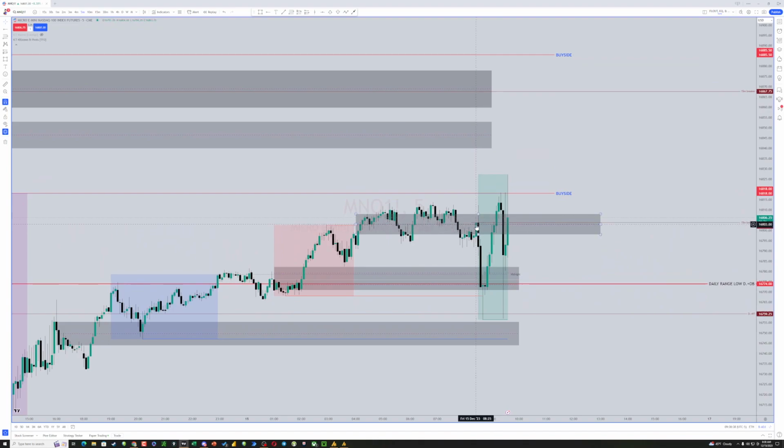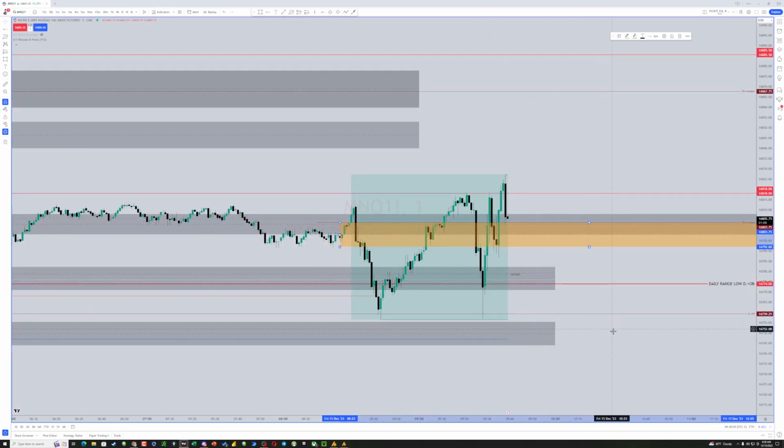I still think we're thinking this place right here. You take your breaker plus an additional array or fair value gap, whatever it ends up being, and that's your risk. So we're going to wait till 45 to see how that plays out, if that long is actually there, or if it's just chopped sideways and there's no opportunity for us at all.